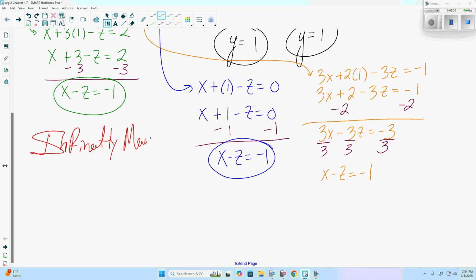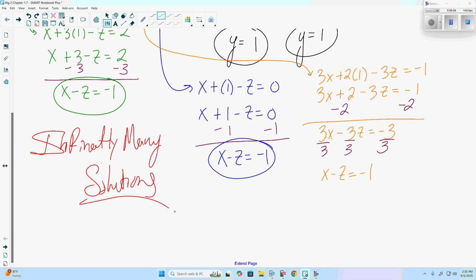Infinitely many solutions. Yeah, if you eliminate y out first, you'll get 0 equals 0. You're done. 13 is infinitely many.